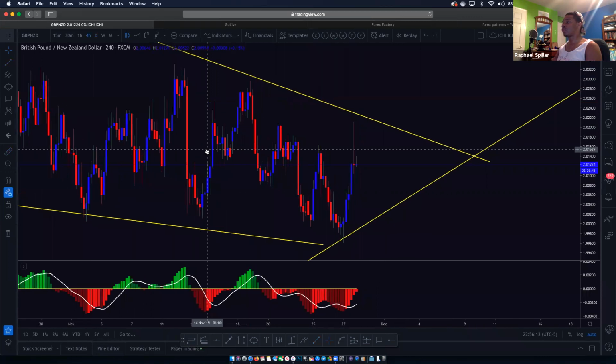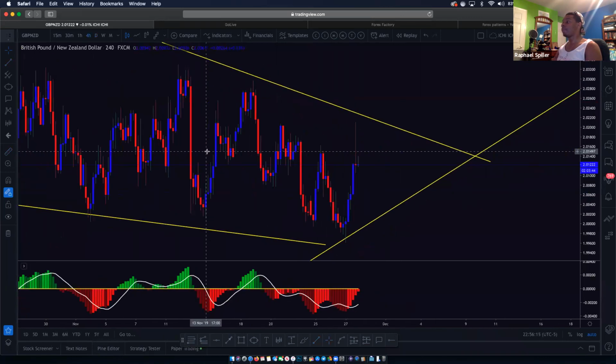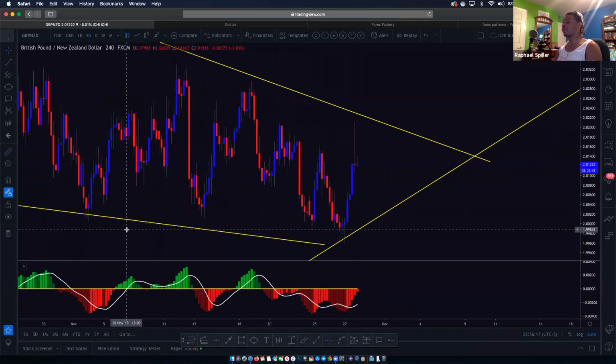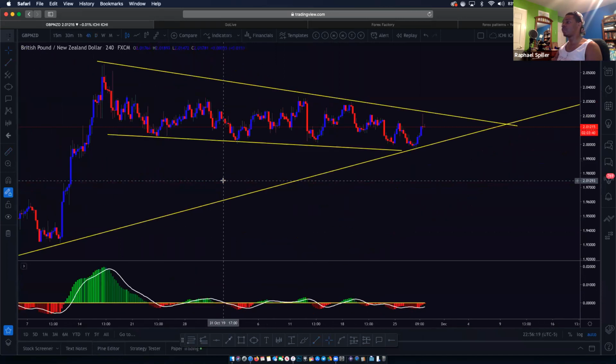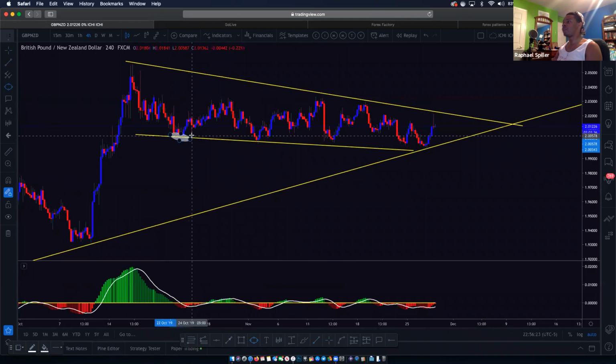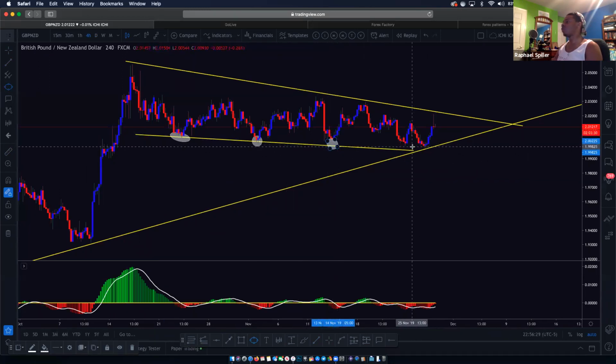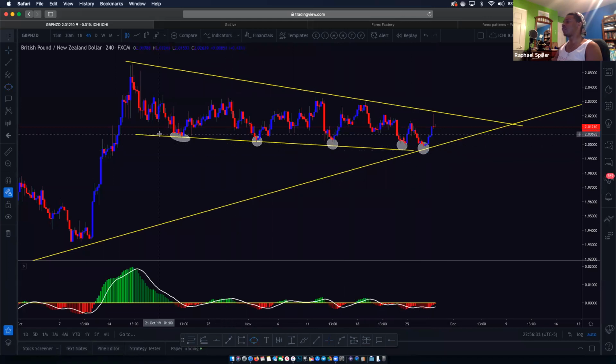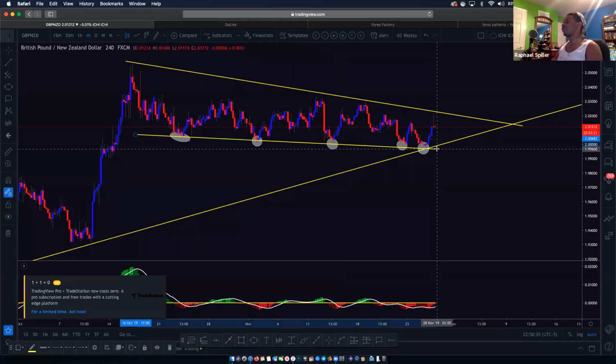So that's what I'm looking for. Any potential time to buy, I'm looking for it. Remember, I'm buying at the lows. You could have a buy limit at these lows, or enter a market execution at these lows. Every time it enters down here, it went up.